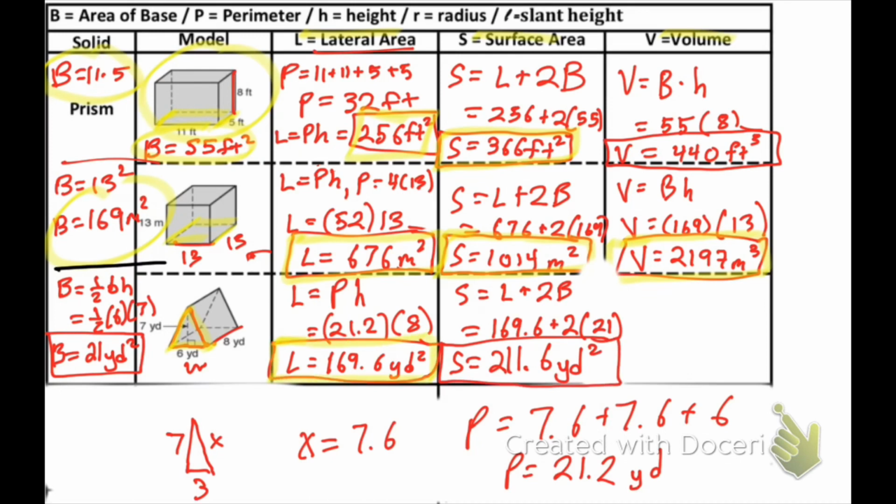So here's my lateral area, here's the surface area, and let's quickly calculate the volume. The volume is equal to the area of the base times the height.